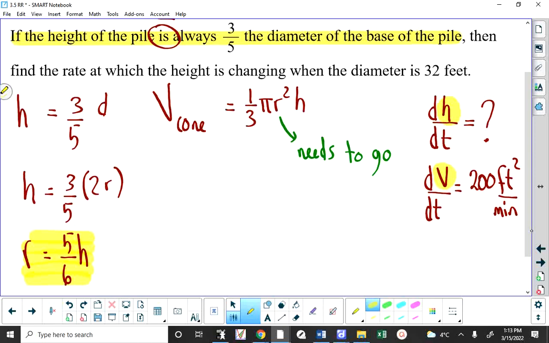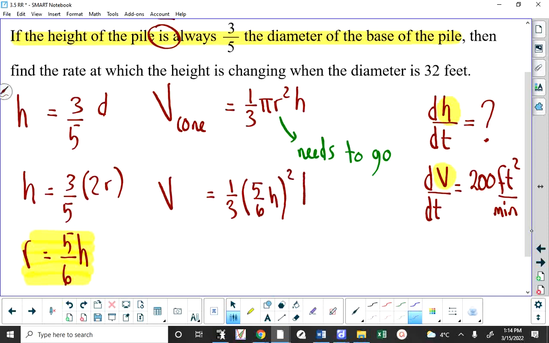I need to write out h equals 3/5 d, and then I need to replace d with 2r. Some of you might be able to reason out that that's what it is, but I think the algebra is a useful tool here. So why are we doing that? To replace the r in this formula with an expression that has h in it instead.